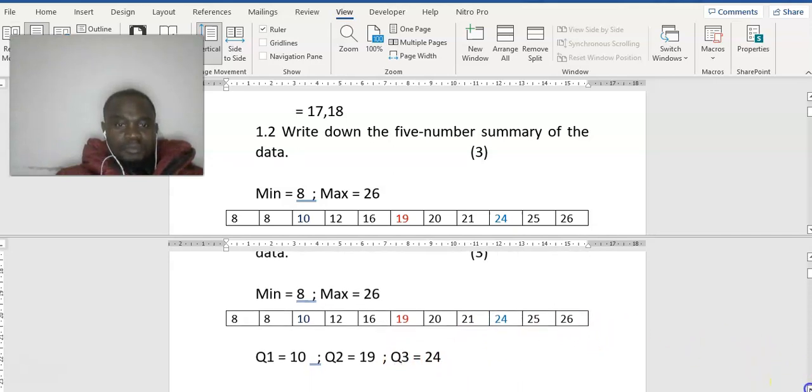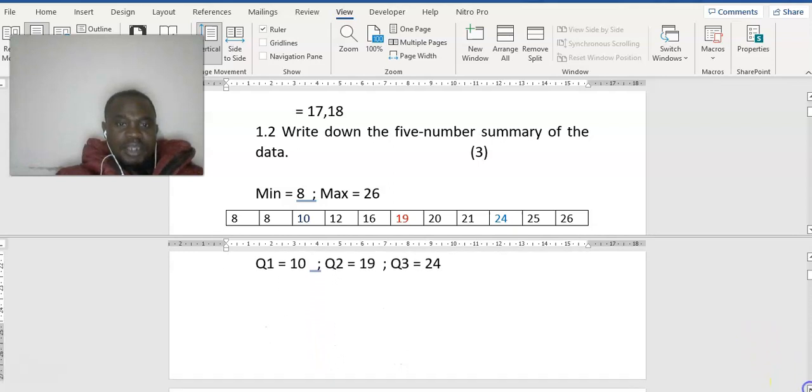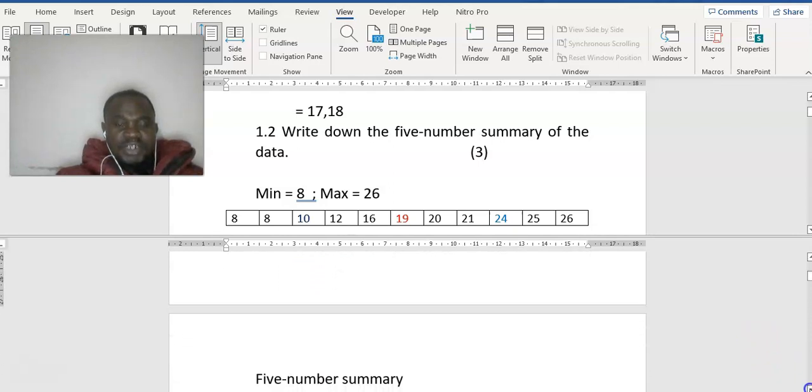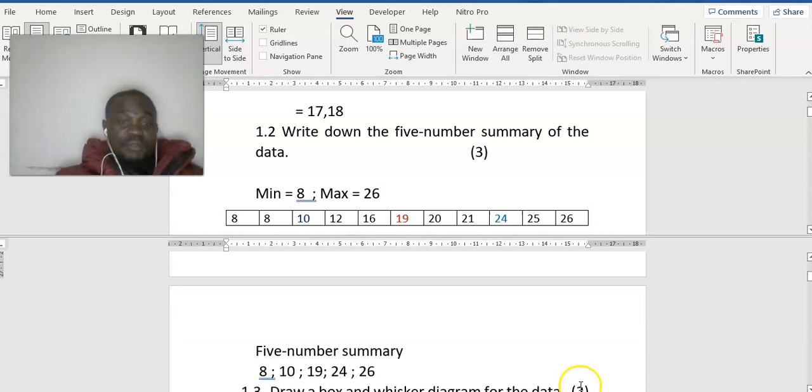Okay, then our next question says, so this becomes our 5 number summary because the question is asking for write down the 5 number summary of the data. So our 5 number summary is going to be 8, which is the minimum, 10, which is Q1.